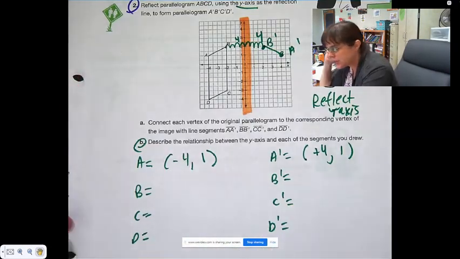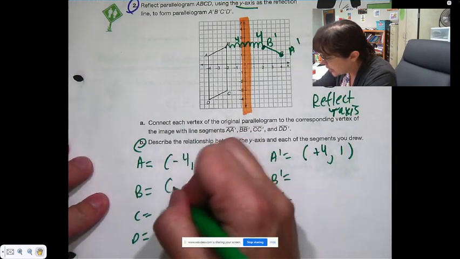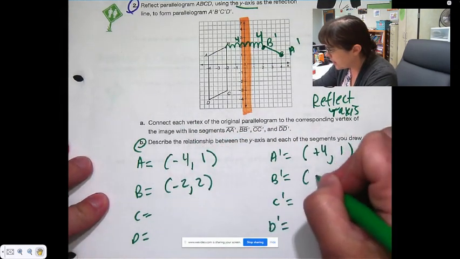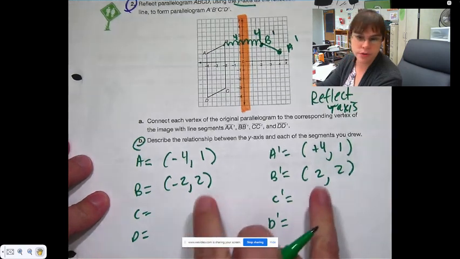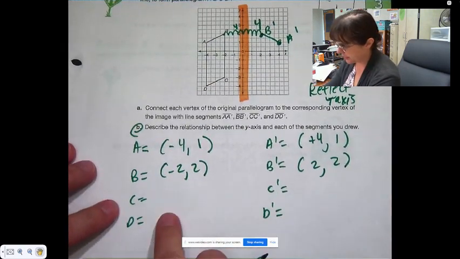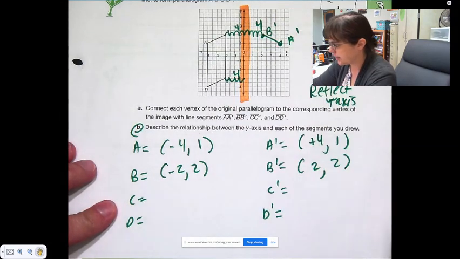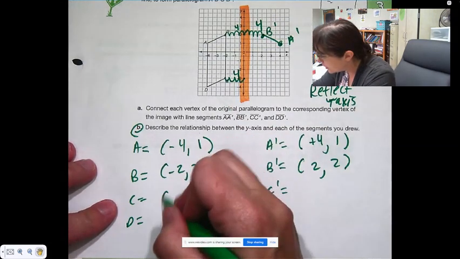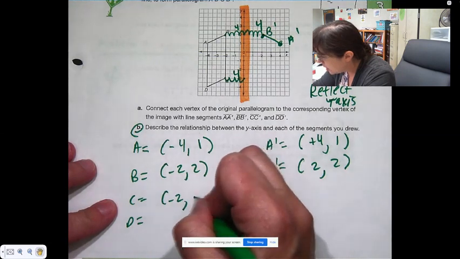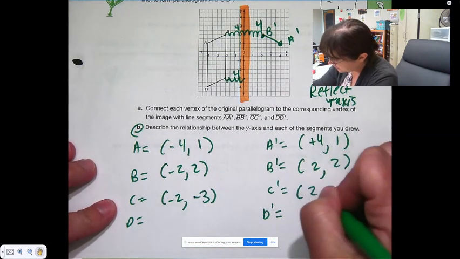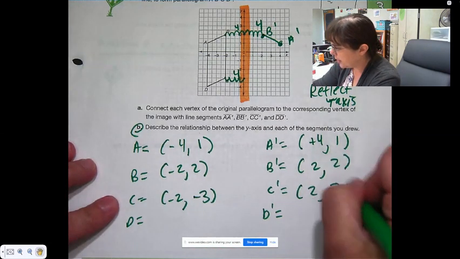All right, let's keep going. We said our original B coordinate was -2, 2, and then that became 2, 2. Same rule. Let's look and see. That's 1, 2, 3, 4 to that axis. So that's -2, -3. So my new thing would be 2, -3.